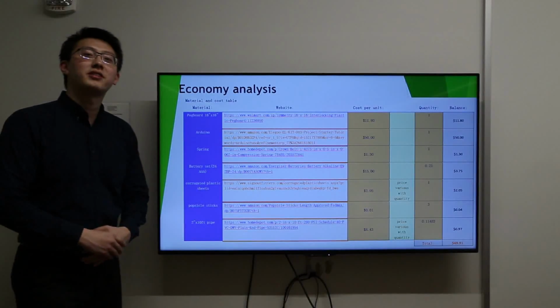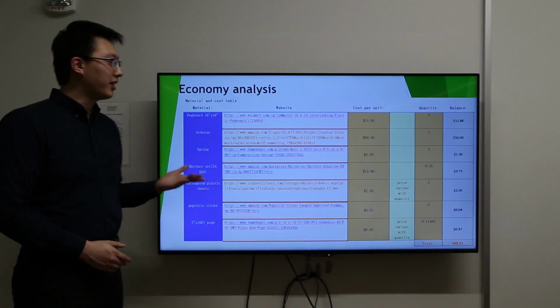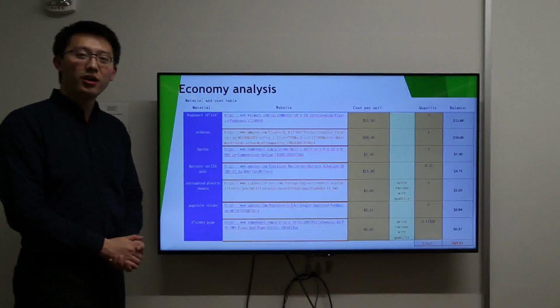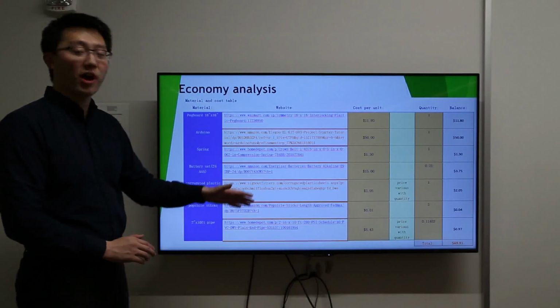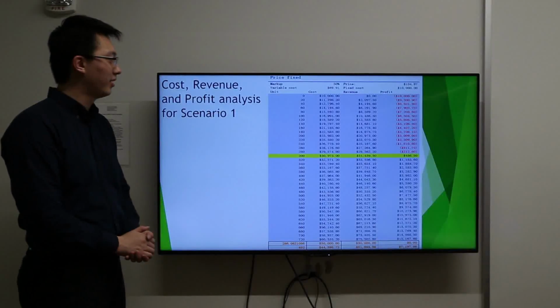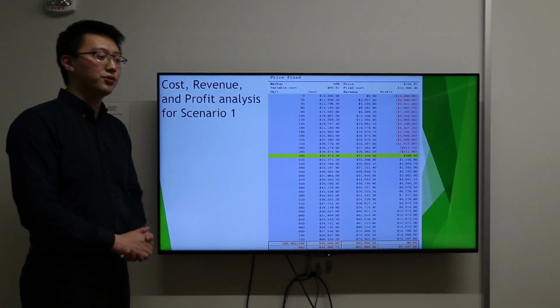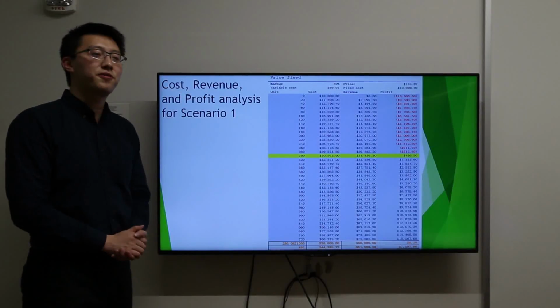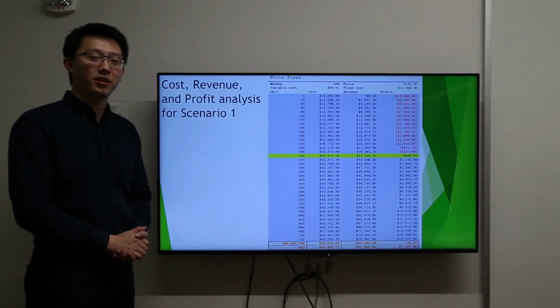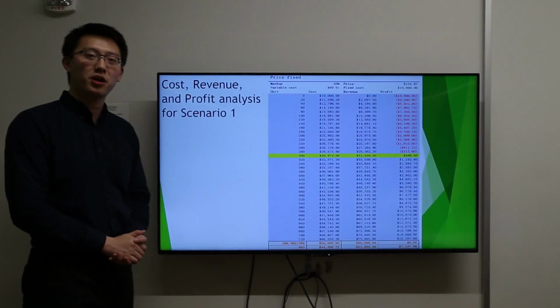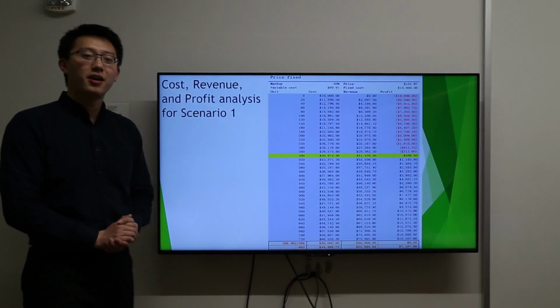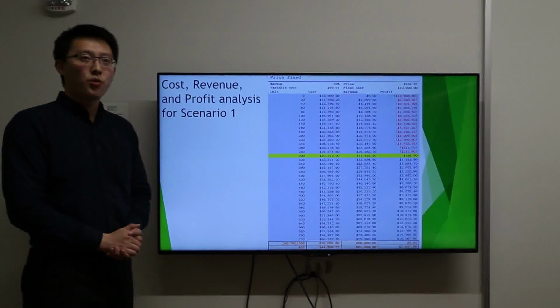And here, for the economic analysis, you can see our material table. Each unit costs around $70. Here we have 2 strategies for pricing our product. The first is the target costing process, and the other is cost add-up.